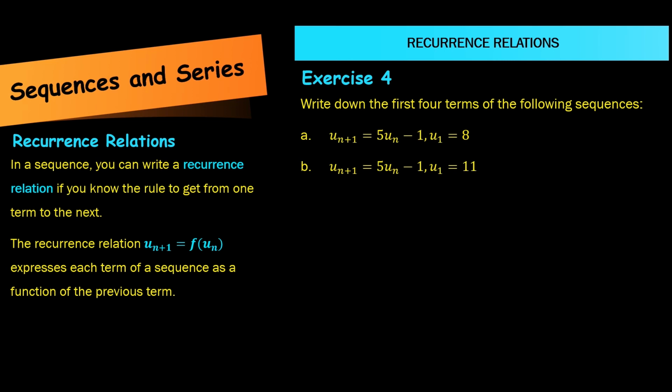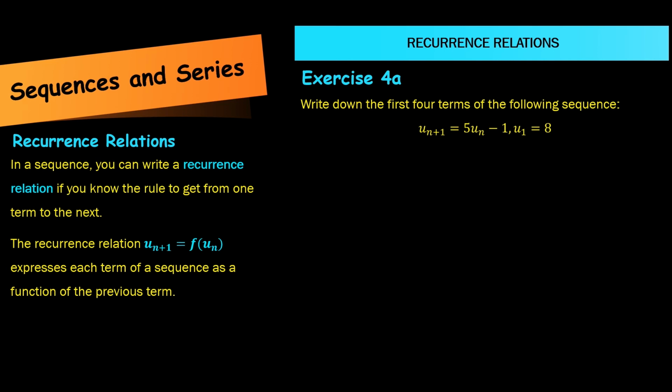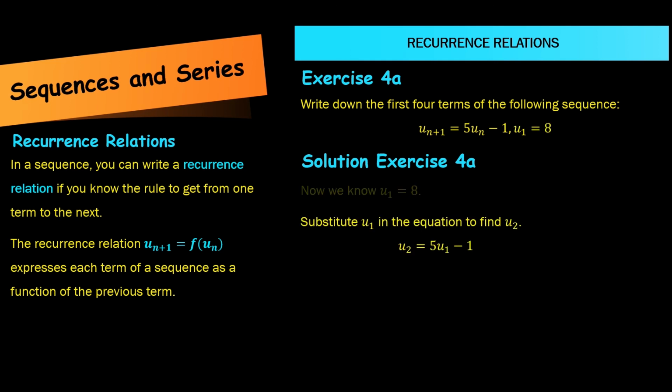We're going to take a look at example A first. We are required to write down the first 4 terms of the following sequence: u(n+1) equals 5u(n) minus 1 for u1 equal to 8. So let's solve this. We know of course that u1 is equal to 8. If we substitute u1 in the equation to find u2, we have u2 equal to 5u1 minus 1.